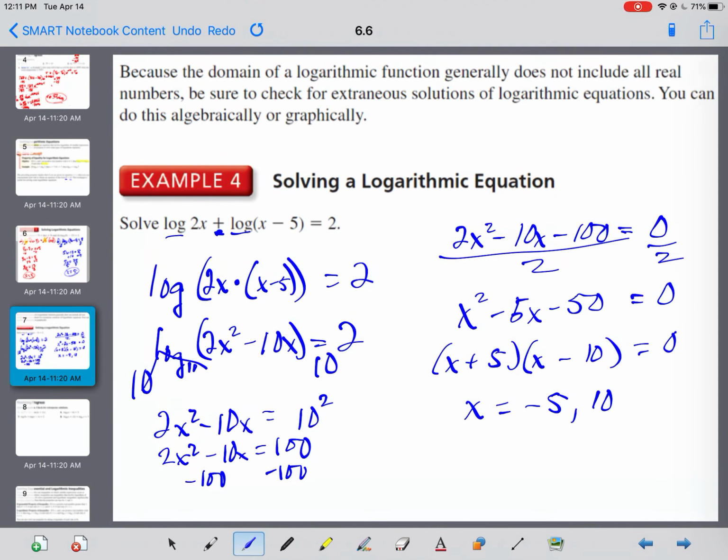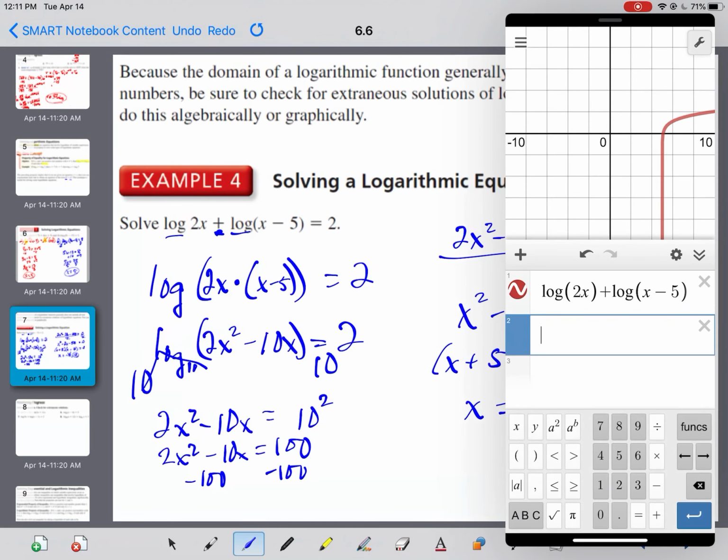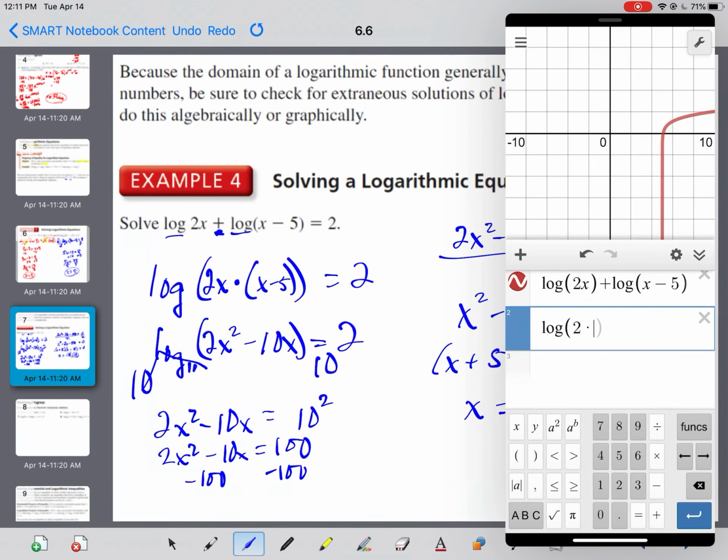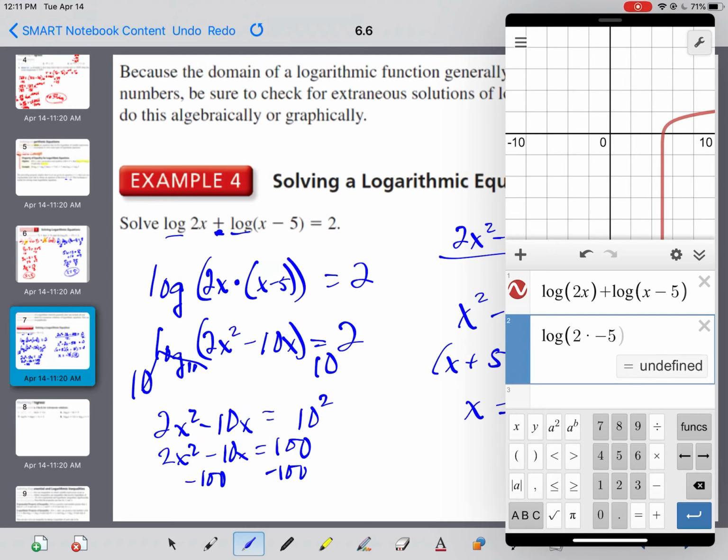Now, if I look at my graph, negative 5 is not on the graph, but 10 would be. So that one's going to be out. This one's going to be good. And we can check it by plugging it in. We need to get 2 whenever this happens.